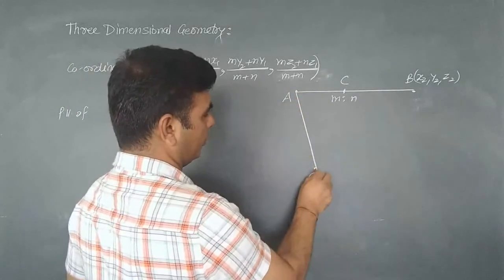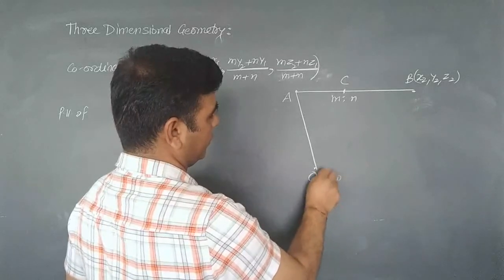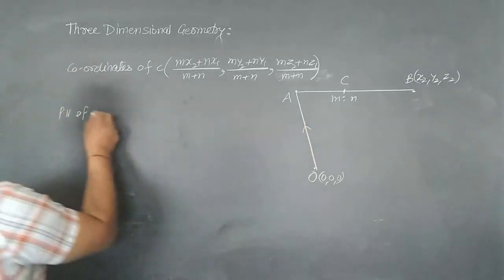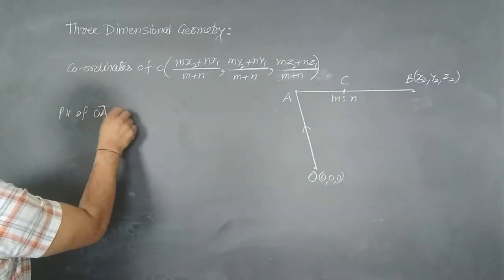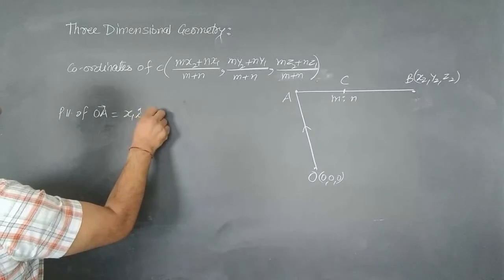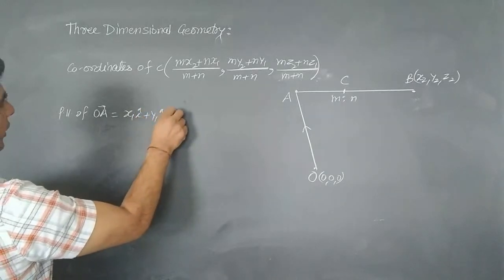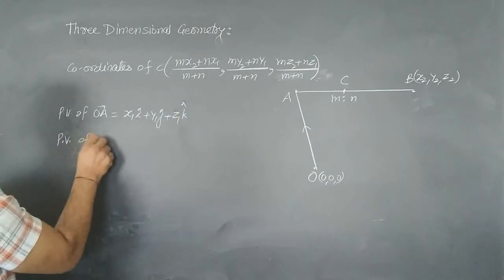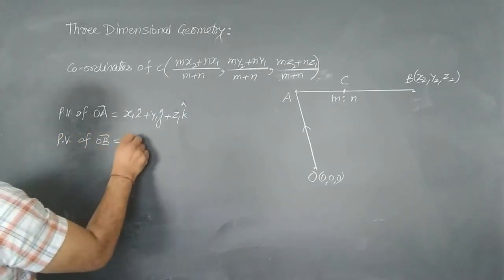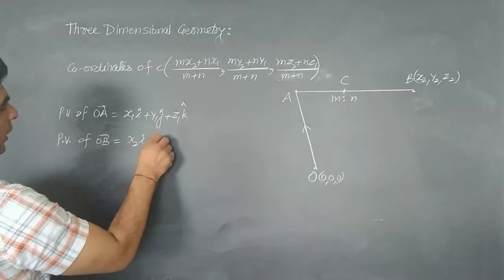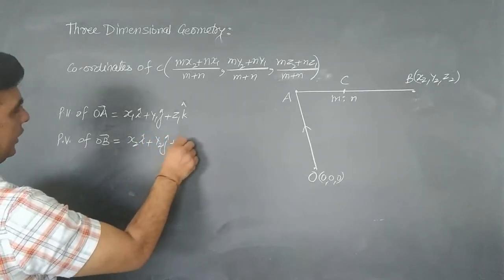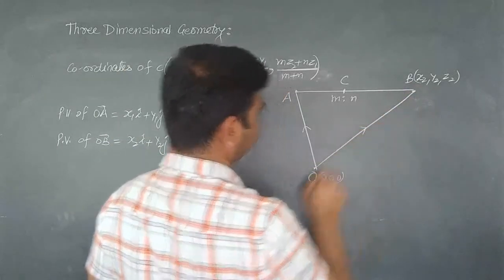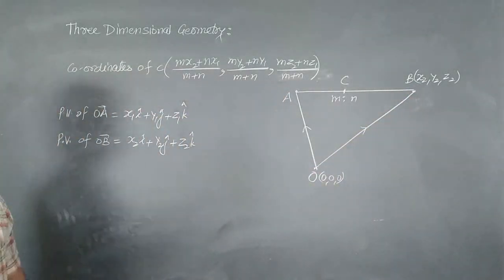This is your origin O with coordinates 0, 0, 0, and so the position vector OA will be given by x1 i cap plus y1 j cap plus z1 k cap, and the position vector of OB will be given by x2 i cap plus y2 j cap plus z2 k cap. This is the position vector of vector OB.